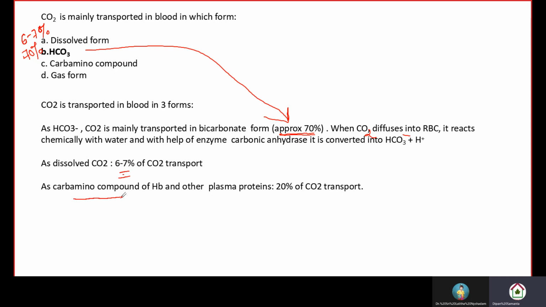And as carbamino compound of hemoglobin and other plasma proteins, 20%. So 70, 80, 90, and almost 97. So the answer is that CO2 is mainly transported as bicarbonate.